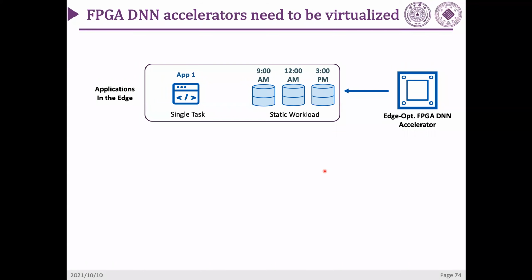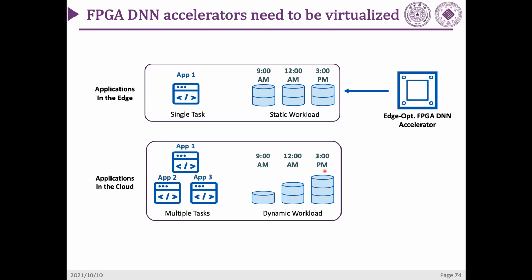The originally designed FPGA deep learning accelerator is usually optimized for a single task and static load on the end side or the terminal side, while the cloud scenario is usually multiple tasks and dynamic load, which makes the original accelerator unable to meet the requirements of system performance and resource utilization, and will make the overall performance of the system lower.